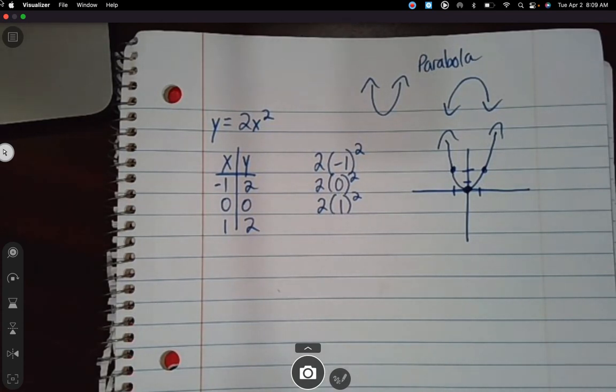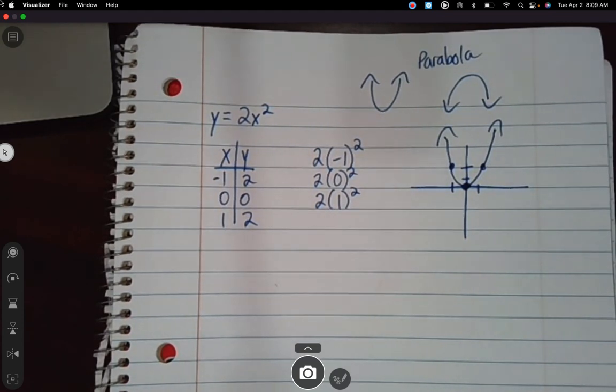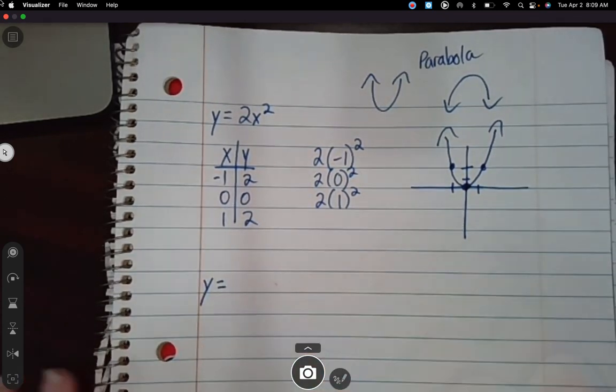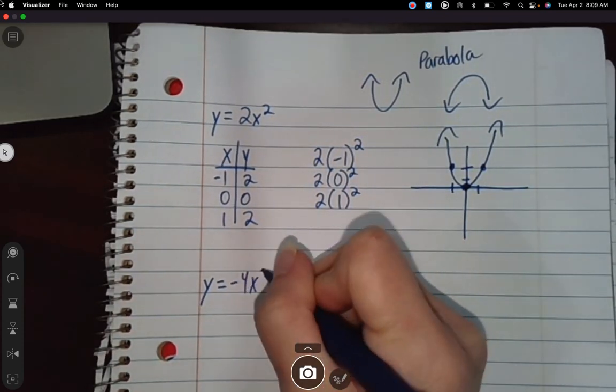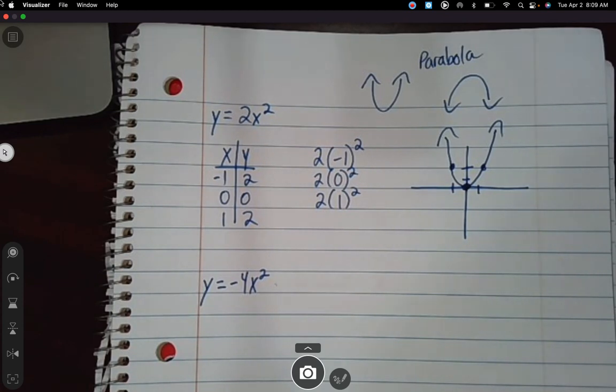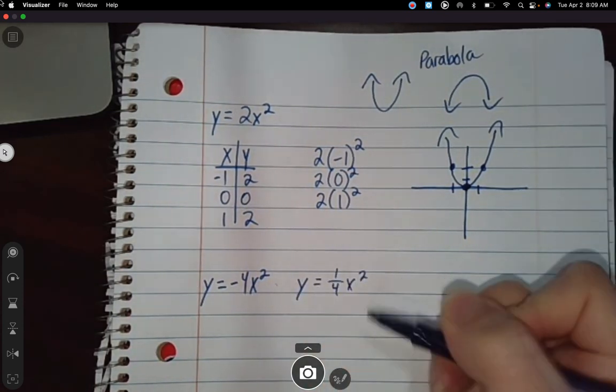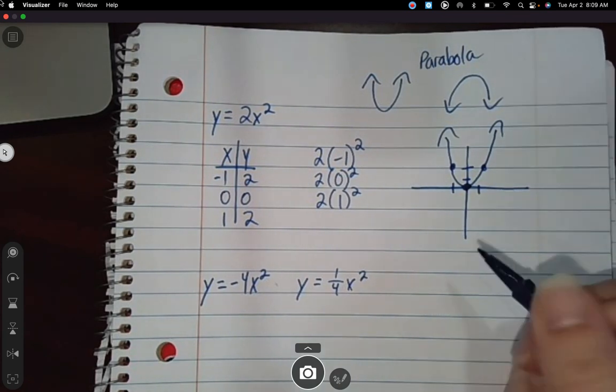So then today, we did a bunch of those. We're going to compare the widths of parabolas, which if we had our calculator, that would be great, but I'll show you a little trick to it, and you don't even have to graph it. Okay? They give us 3: -4x squared, 1/4 x squared, and x squared.